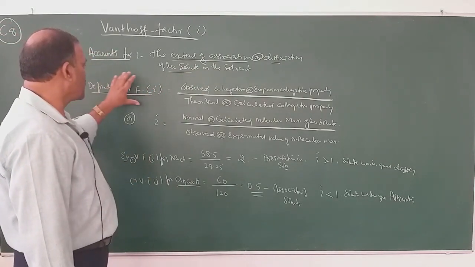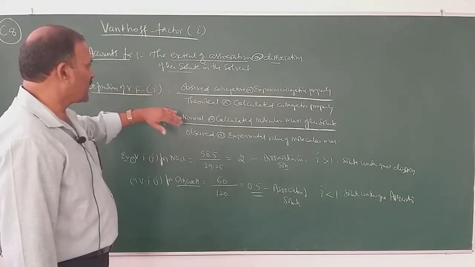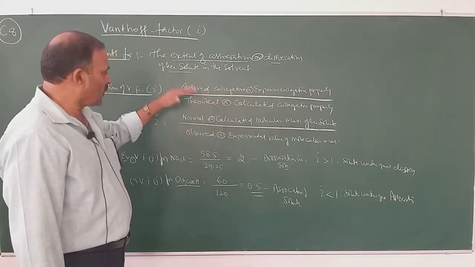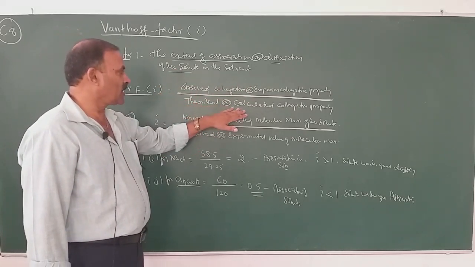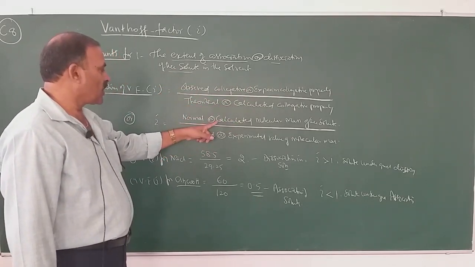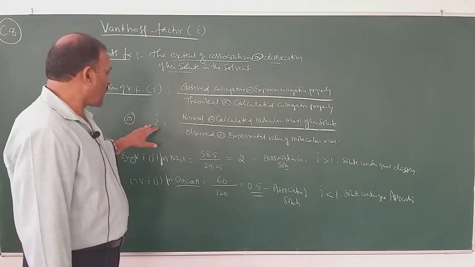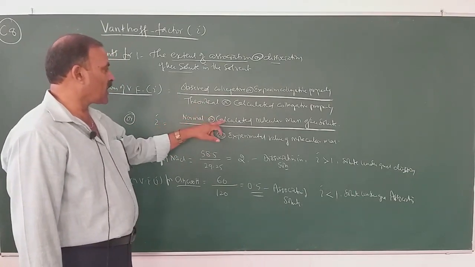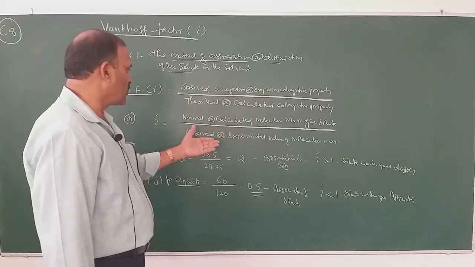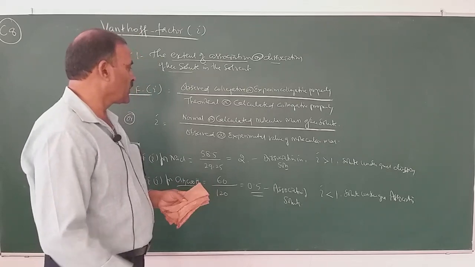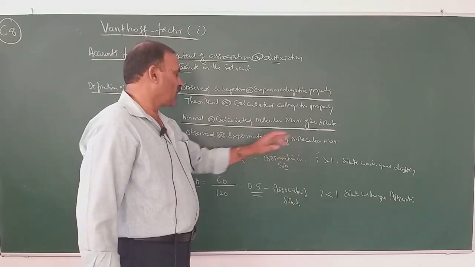Definition of Van 't Hoff factor: it is the ratio of observed or experimental colligative property over theoretical or calculated colligative property. Since molecular mass is inversely proportional to colligative property, Van 't Hoff factor i is the normal or calculated molecular mass of solute divided by the observed or experimental value of molecular mass.